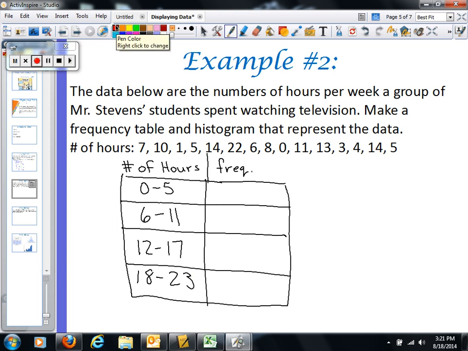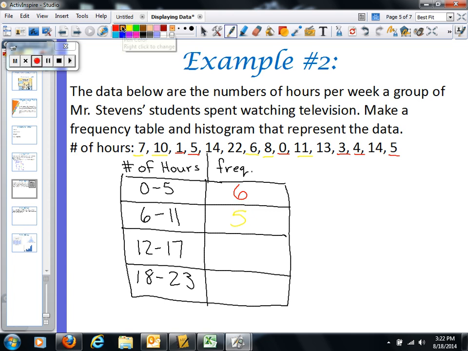So red, 0 to 5. You have 1, 2, 3, 4, 5, 6. So 0 to 5 shows up 6 times. Yellow, 6 to 11. There's 1, 2, 3, 4, 5. 5 times.